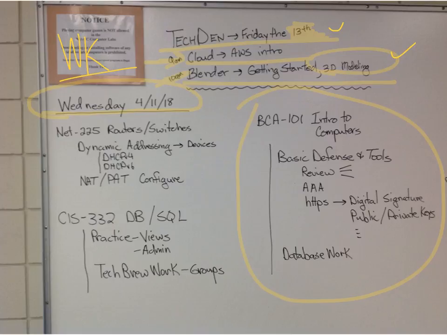Introduction to computers, basic events, and tools. We did a little review, talked about authentication, authorization, and accounting. We talked a little bit about HTTPS secured. We talked about digital signature, public-private keys, and then got going on database work.